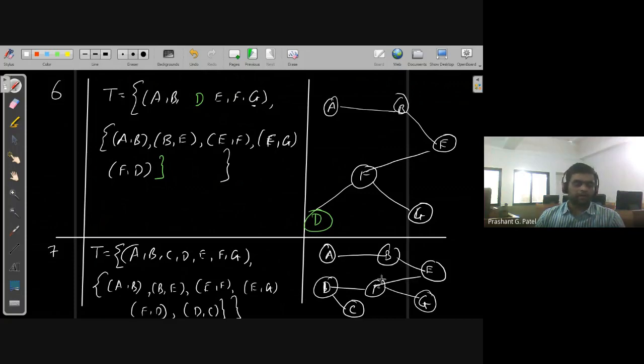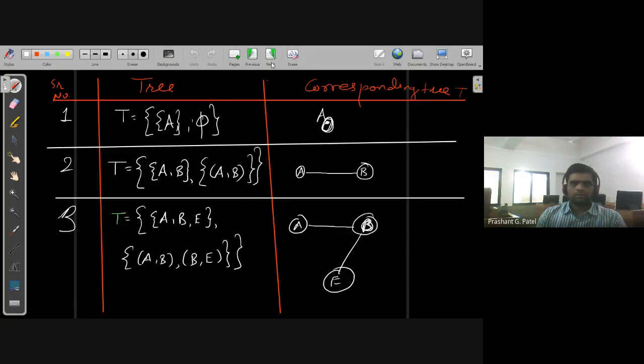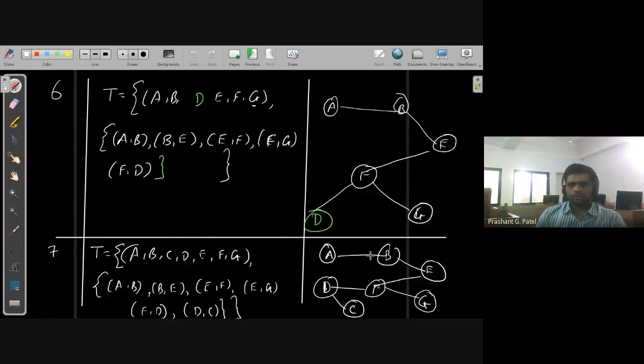And this forms our minimum spanning tree, and it covers all the vertices of the graph. Let me write the weights which are given in the graph. So it was 12 and 6. So it is 12. This is 6. E to F is also 6. F to G is 4.